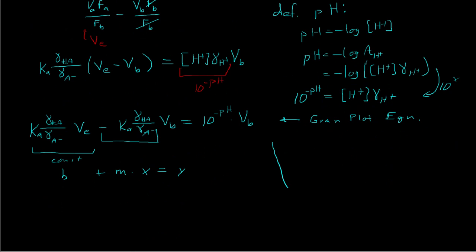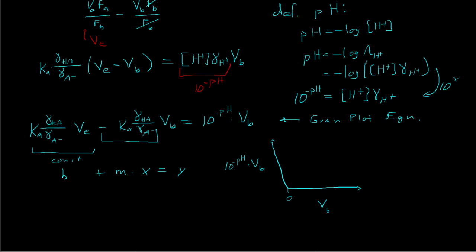So I'm going to sketch out some axes here, an x-axis and a y-axis. Our x-axis is just going to be the volume of base. So this is what we're titrating, right? We start off with no amount titrated, and we keep adding base until we get to the equivalence point. Then our y variable is going to be 10 to the negative pH times VB.